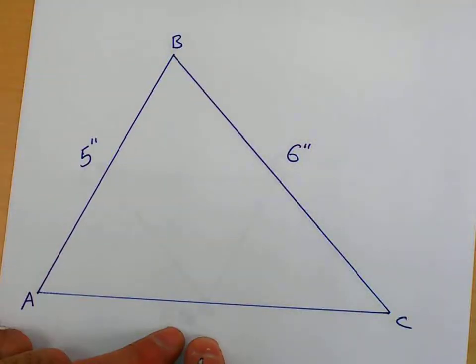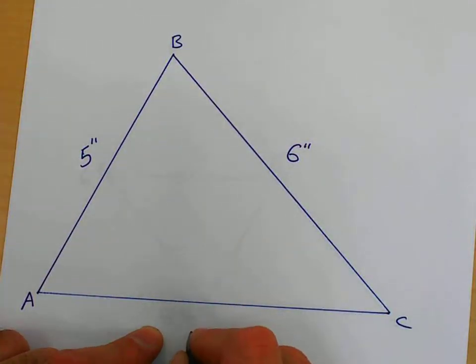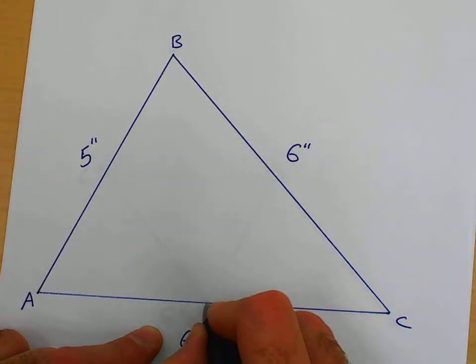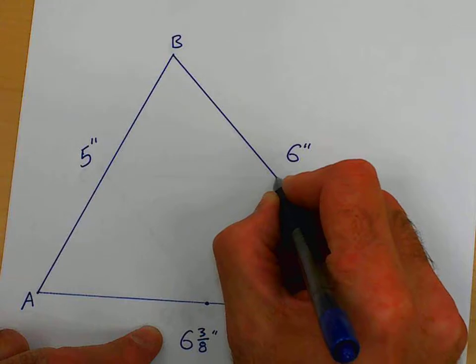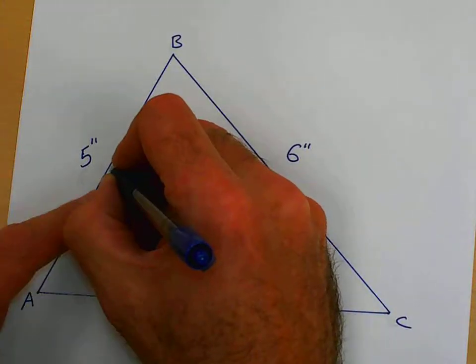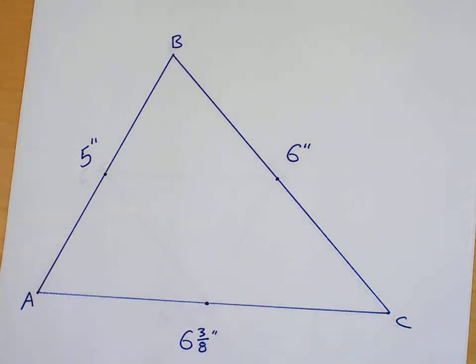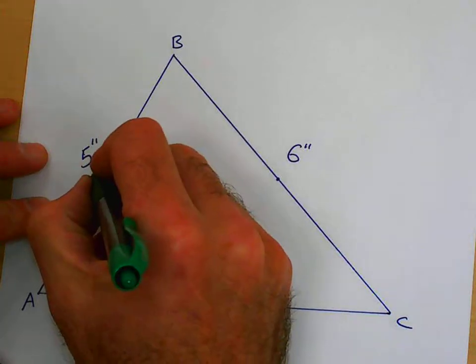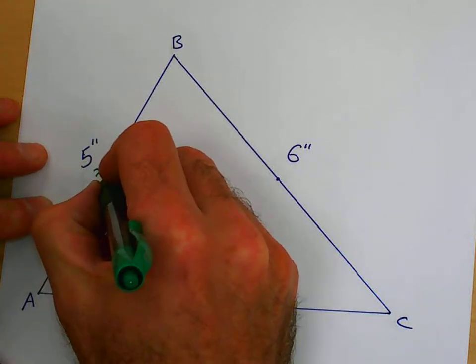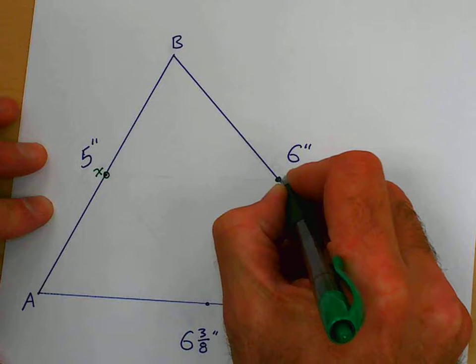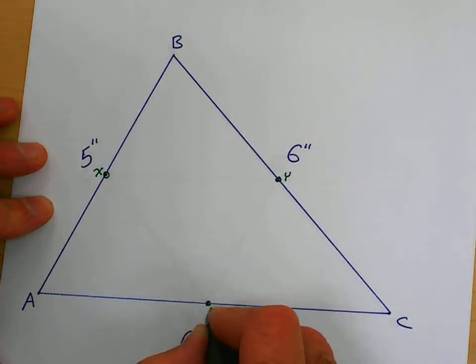And when I measured this, this turned out to be 6 3/8 inches, that whole side. And it has a midpoint right about there. This has a midpoint right about here. This has a midpoint right about here. So those midpoints we're going to call X, Y, and Z. This will be midpoint X. This will be midpoint Y. This will be midpoint Z.